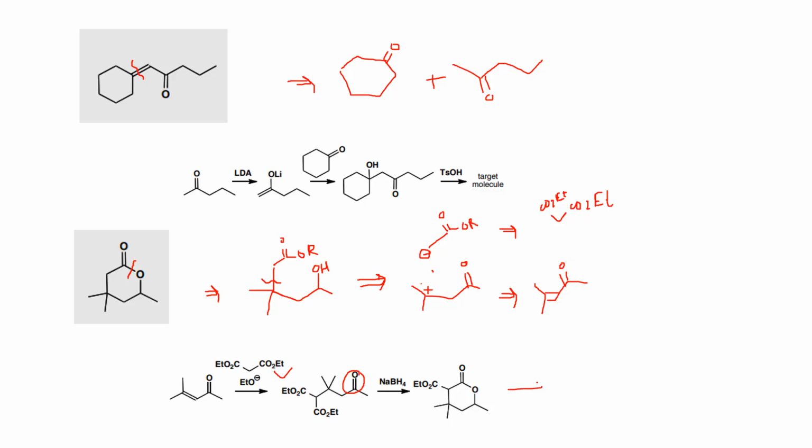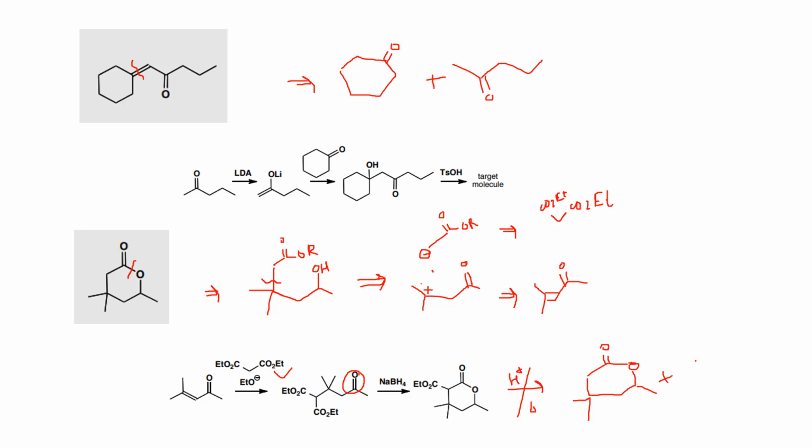In the next step, if you perform H plus and heat, this CO2 group will be carboxylate and will transform to a carboxylic acid, and due to heating it will be decarboxylated to form this target molecule.